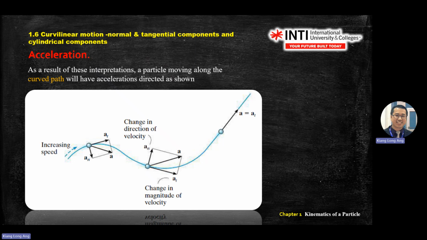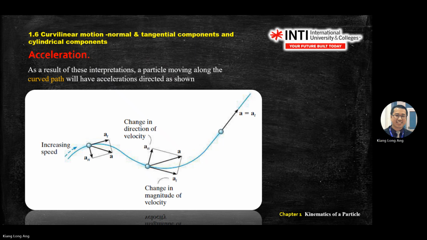Now another tricky question. Sometimes I give you an easy question like this one. What happens when you move in a straight line? It becomes a tangent question. When you move in a straight line, your acceleration is a tangent component, not normal. Normal only happens when you have a curve. Make sense?